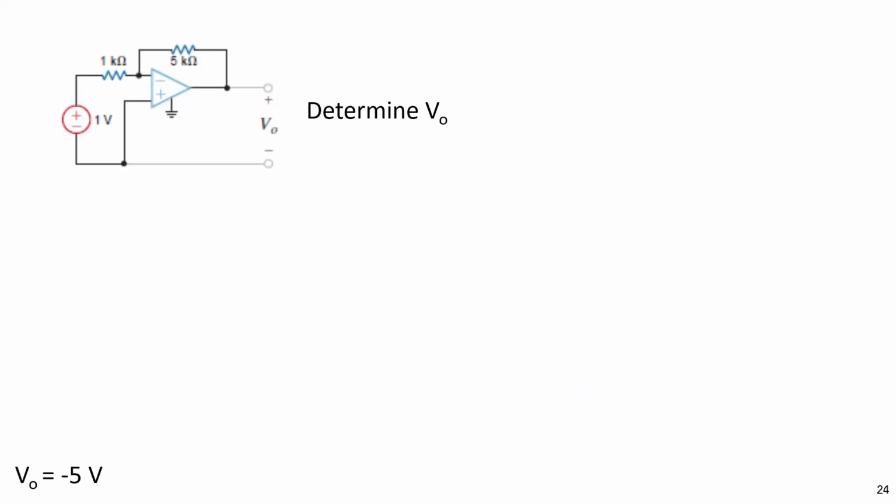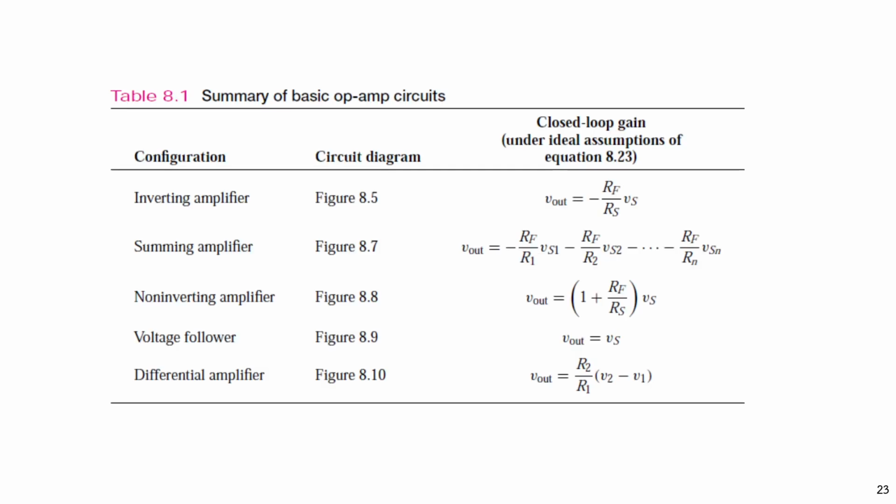For example, what is this circuit? Inverting amp, just inverting amp. So what is the gain of the inverting amp? Minus RF by RS.